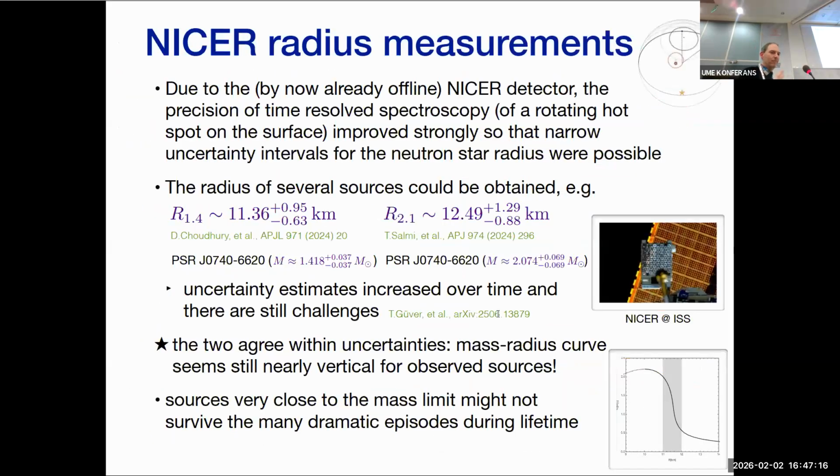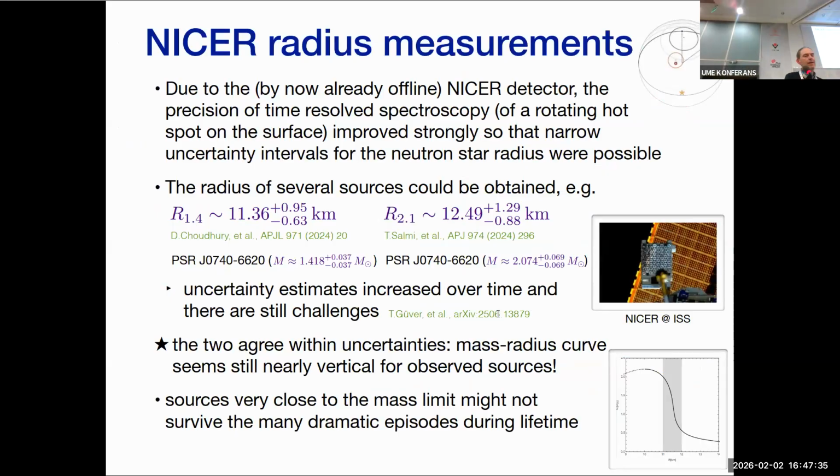But there was another really important development, and that came with time-resolved spectroscopy. So on many of these neutron stars, you have a hot spot, right? And there the star is rotating, and you see X-ray pulses.